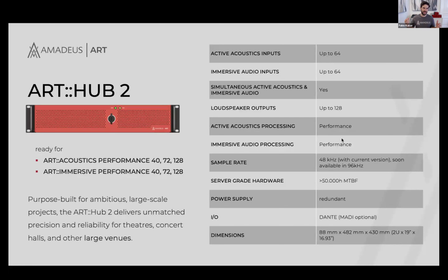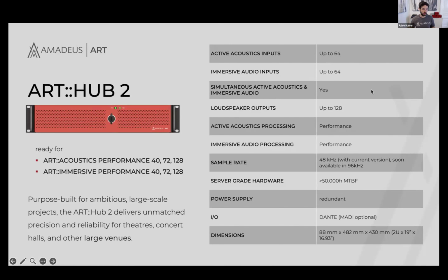But basically, you can imagine this is the machine, the renderer for the most performative applications. Simply, this machine can do the most things, or it can do all the things that we can provide. It has up to 64 inputs on the active acoustic side and 64 inputs on the immersive audio side. Yes, that means those modules can work in parallel.